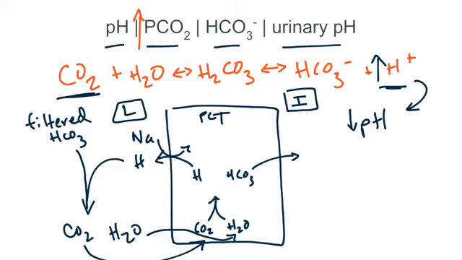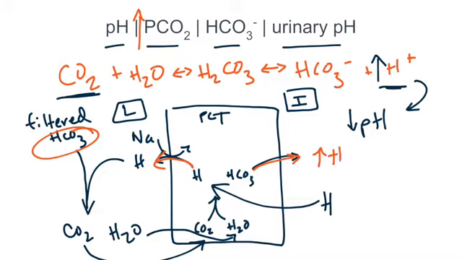Recall that in a chronic respiratory acidosis, the free hydrogen in the blood gets transferred to the lumen of the nephron, and this ultimately increases the reabsorption of bicarbonate. So in this case, we'd expect the bicarbonate concentration to be elevated.